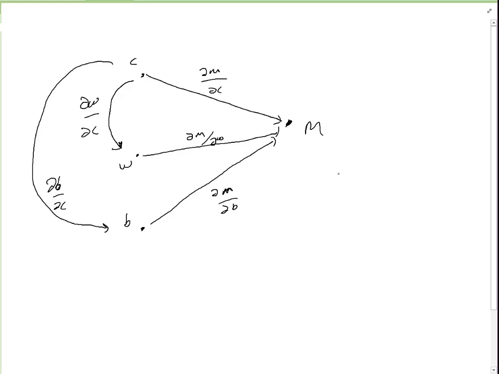So what I've found here is dM by dC by combining all these effects, because this one here says what happens if rural consumption changes, how does that impact the migration, assuming that W and B stay the same. Normally you have to assume that, so we can just use the partial derivative. But of course it's completely unrealistic because we know that in fact if C changes, likely the wage is going to change and the bus fare will change if C changes. So it's not realistic to say, okay, let's assume that these stay fixed.